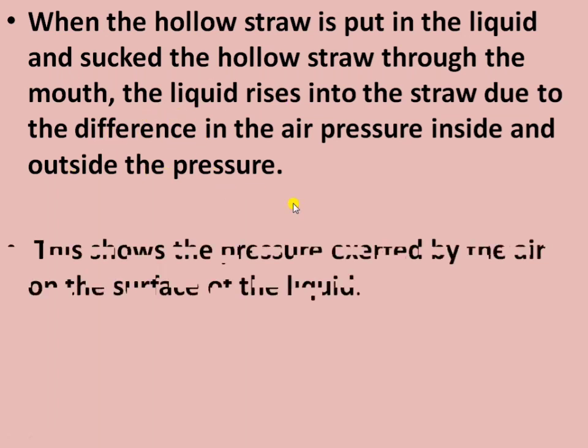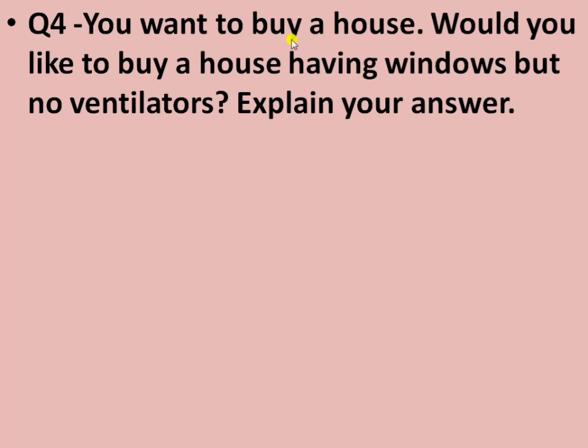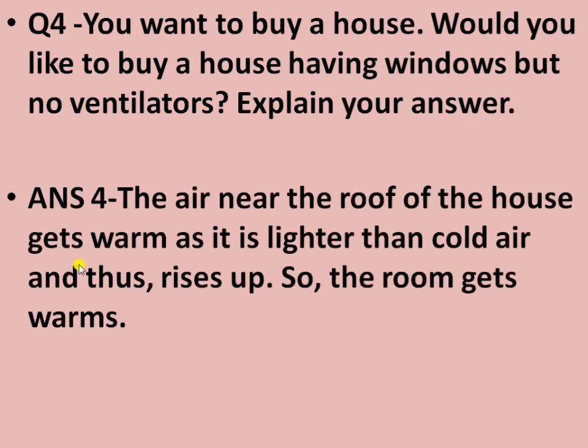Moving on, our fourth question: you want to buy a house. Would you like to buy a house having windows but no ventilators? Explain your answer. The answer is, the air near the roof of the house gets warm, and as warm air is lighter than the cool air, it rises up.